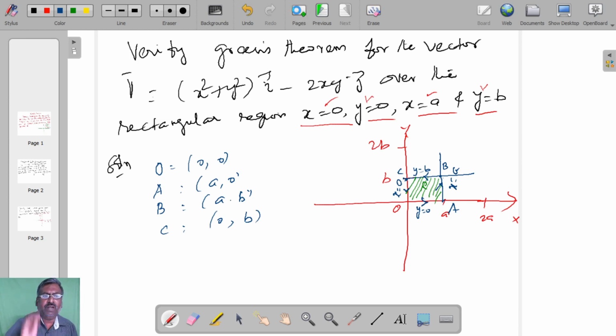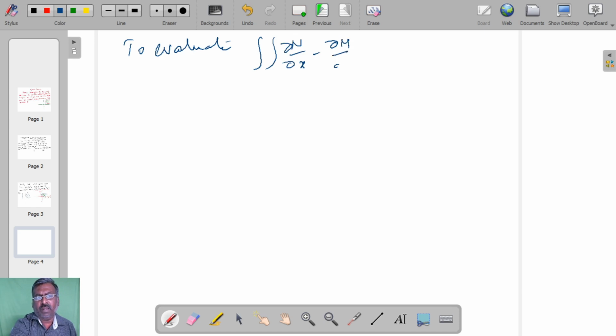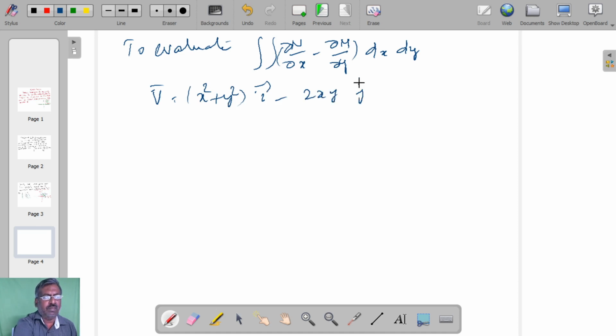So we take one side of Green's theorem. Suppose you have to evaluate the double integral of dou N by dou x minus dou M by dou y into dx dy. Here vector V is given as (x squared plus y squared) i minus 2xy j.